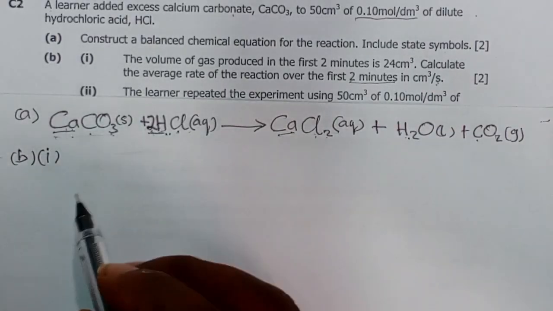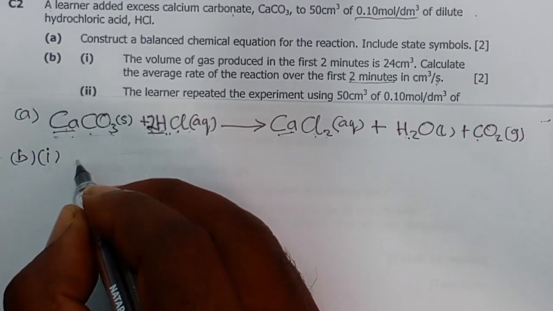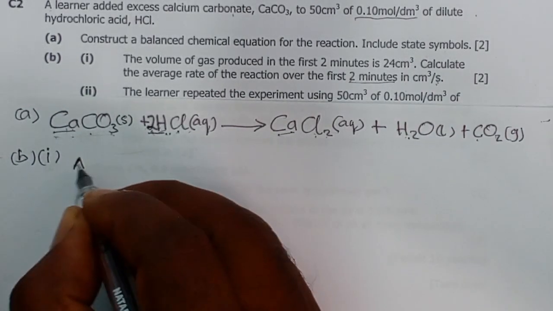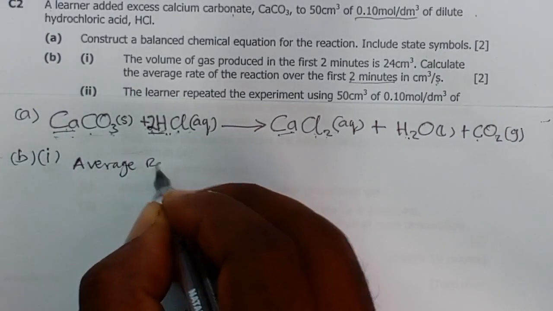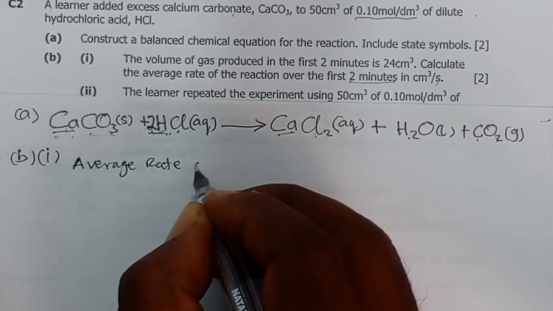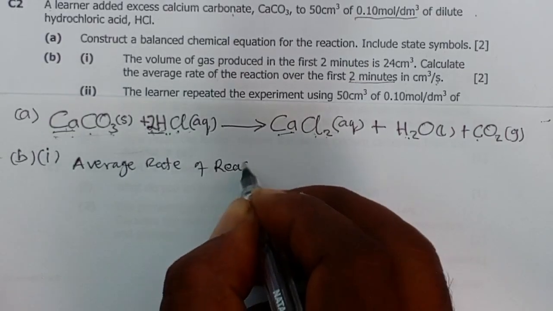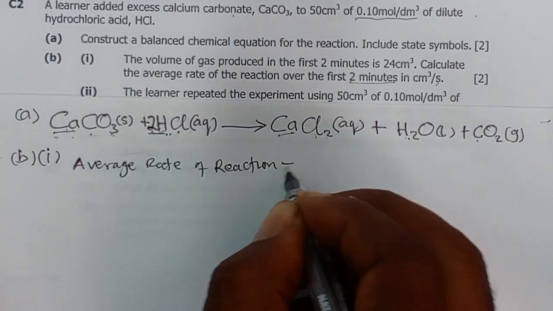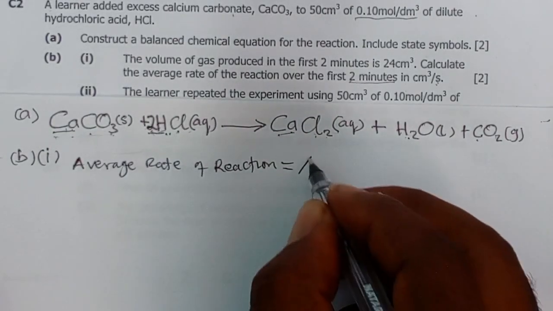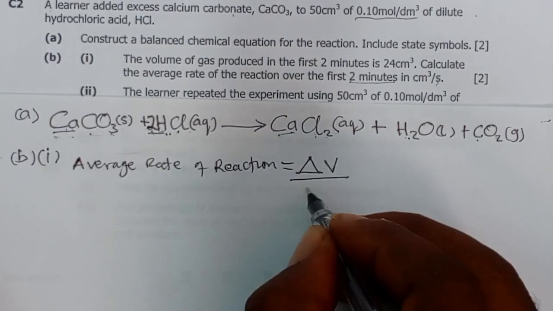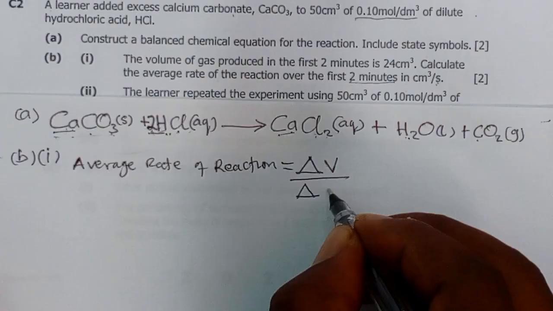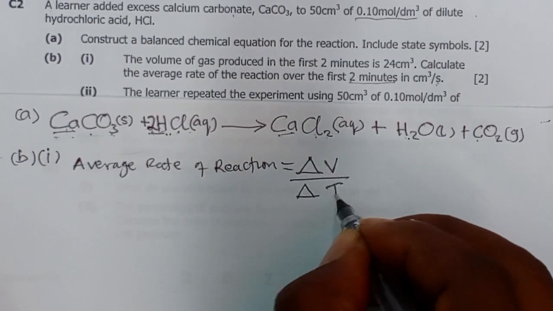So how do we calculate the average rate of reaction? So average rate of reaction is equal to change in volume divided by change in time.